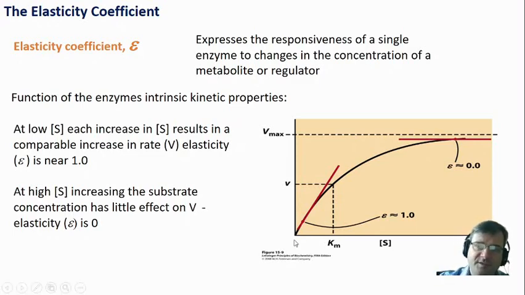Down here, where the substrate concentration is much lower than the enzyme concentration, increasing substrate concentration results in a corresponding increase in velocity. So up here, where you increase the substrate concentration and you're not seeing any further increase in rate, this means the elasticity is 0. No matter how much more substrate you put in, you're not going to see an increase in rate.